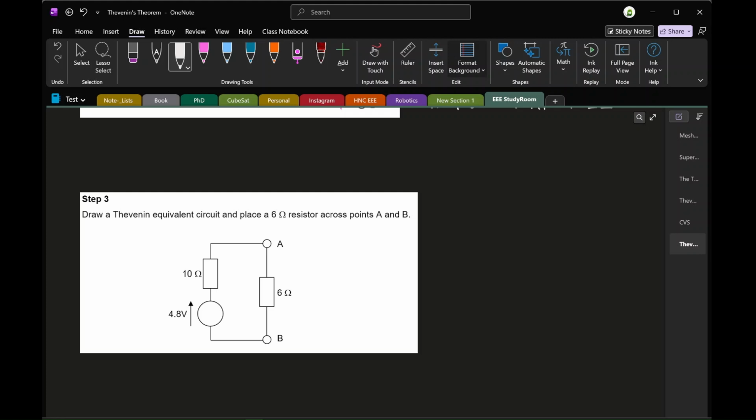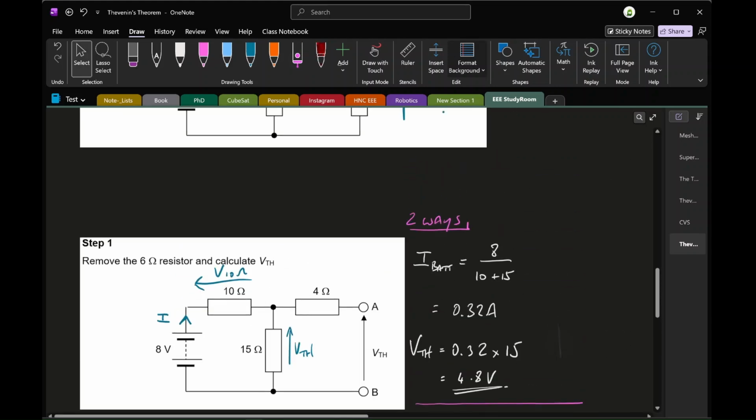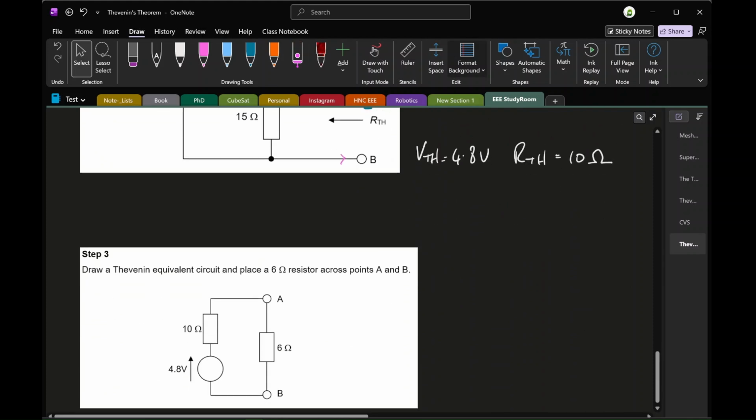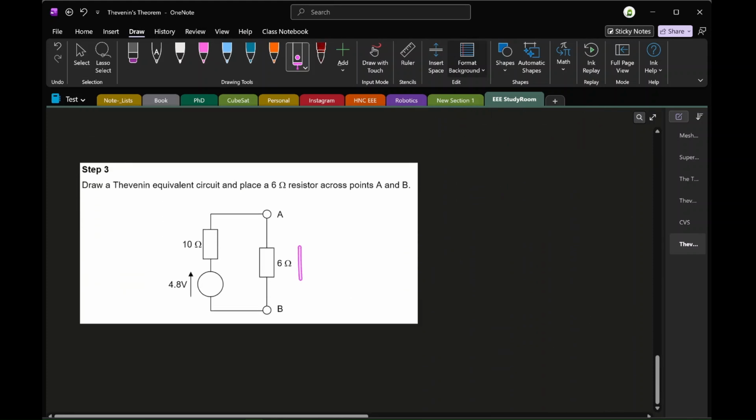It makes it much easier to understand what's going on. So the Thevenin equivalent circuit, as shown here, is now showing us the Thevenin voltage that we've calculated and the Thevenin resistance. And then we'll replace the 6 ohm resistor, the very resistor that we were actually interested in, back into our circuit. Remembering that the question was asking, calculate the voltage across the 6 ohm resistor. So thinking about what is going to be the voltage drop across this 6 ohms.